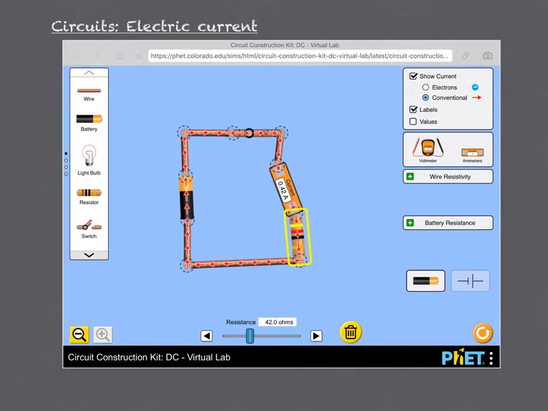And that is the basic relationship that we're going to look at, and it's called Ohm's law.